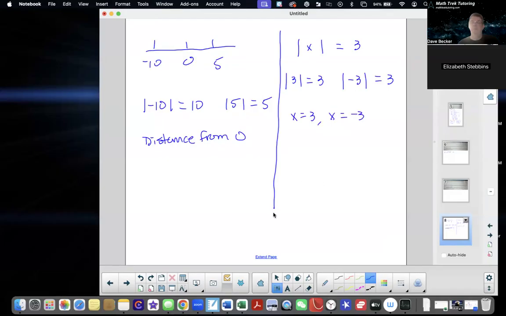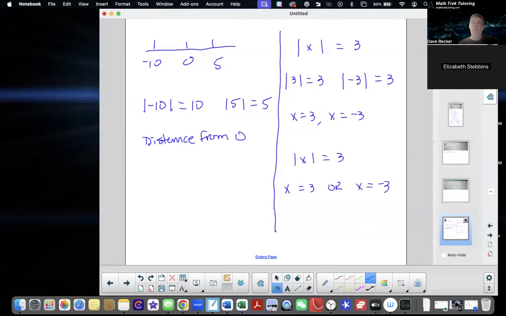So to be able to solve that equation, to account for the possible negative solution, we drop the absolute value and we say x equals 3, and we negate the other side of the equation. I see.